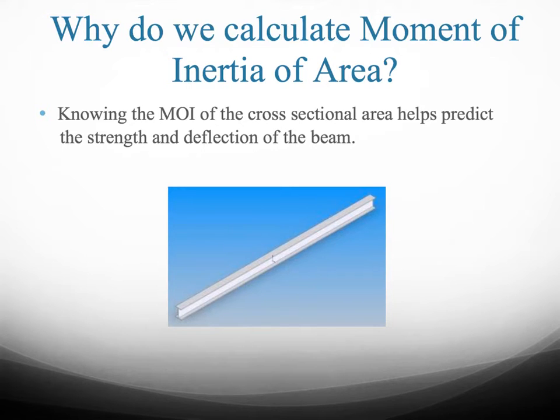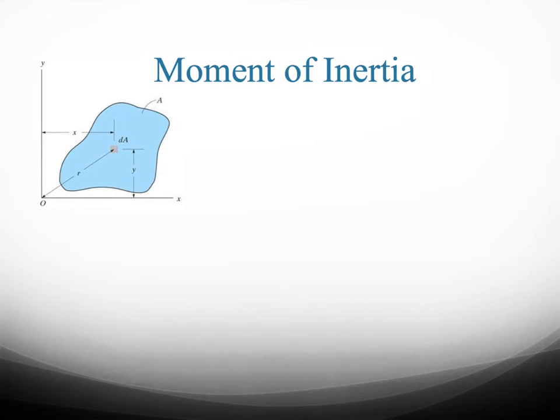Then we went into the centroid, which was more the distribution of the area. We're going to do the same thing here with moment of inertia: we're going to talk about how the area is distributed relative to a particular axis. So here, let's say we have just an arbitrary area, dA, where the total area is A.